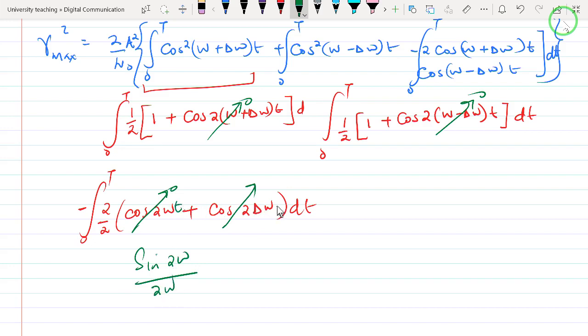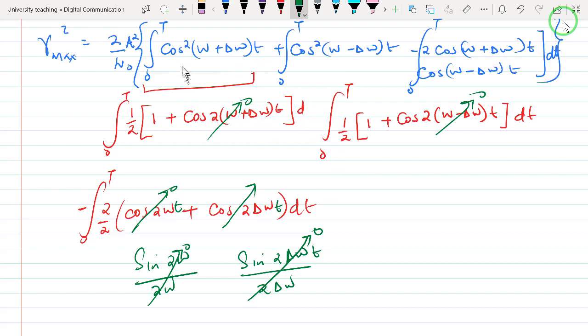This denominator value is way bigger, therefore this term tends to 0. Similarly, these terms, when you integrate with respect to time, you get sine of 2 delta omega t divided by 2 delta omega, and again the denominator is way bigger, so this term becomes 0.